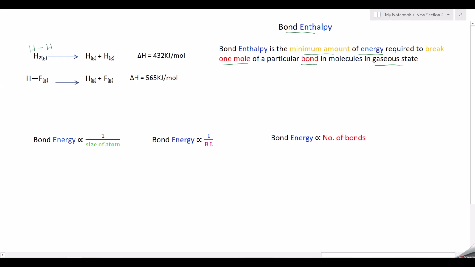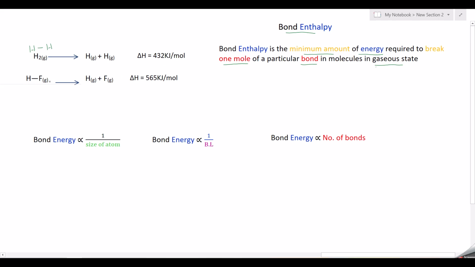To break this covalent bond and convert into hydrogen atoms, we require 432 kilojoule energy. So this bond enthalpy is expressed in units kilojoule per mole. So 432 kilojoule per mole energy is required to break this single bond between two hydrogen atoms to convert into hydrogen atoms in gaseous state. So this is what we call bond enthalpy.